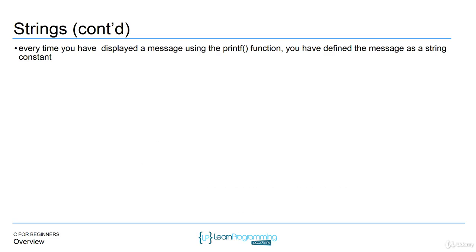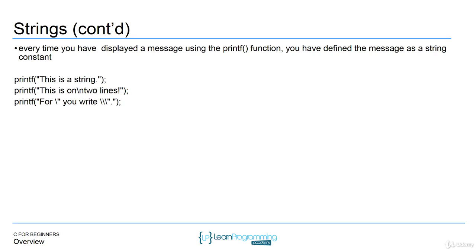Every time you have displayed a message using the printf function, we have defined the message as a string constant. Remember printf, the first argument, we put some text inside there and we have some format specifiers. That is a string constant. You also hear the term string literal. It's the same thing. So when we say printf, this is a string, everything in between those double quotes is a string constant. And we can put it on one or two lines.